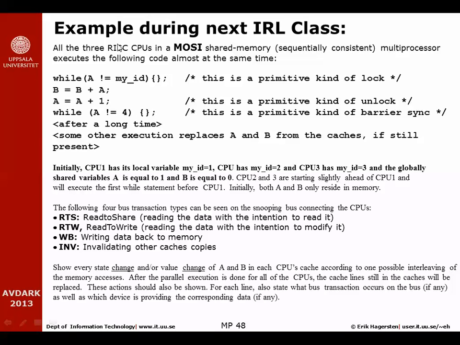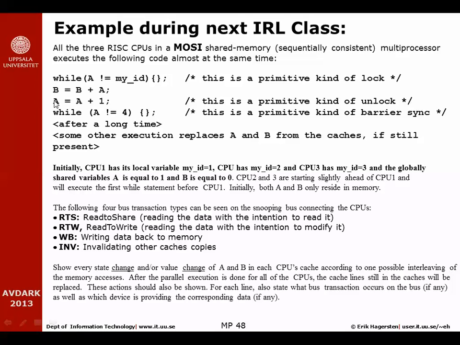So what's going to happen here is that the first one to get in, of course, will be CPU1, because CPU1 is the only CPU for which this statement holds. So CPU1 and no other CPU will get in here. It will execute these two statements, increment the value of variable A, and then get stuck in this infinite loop here.